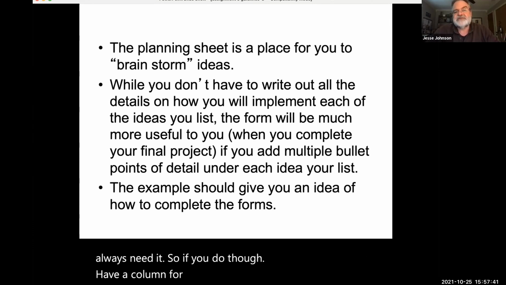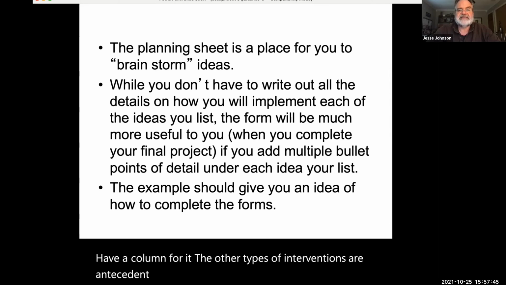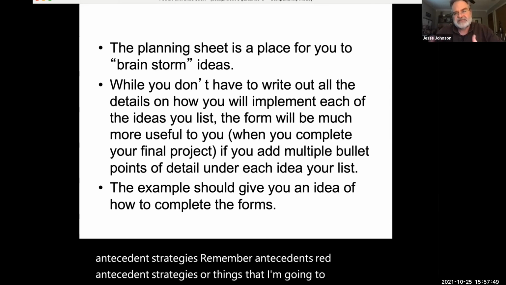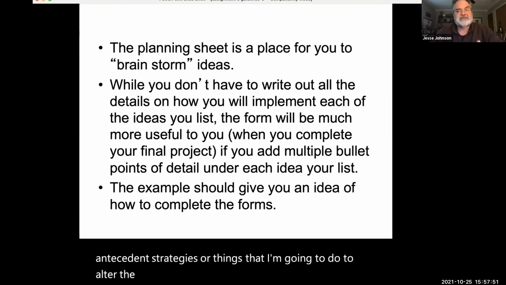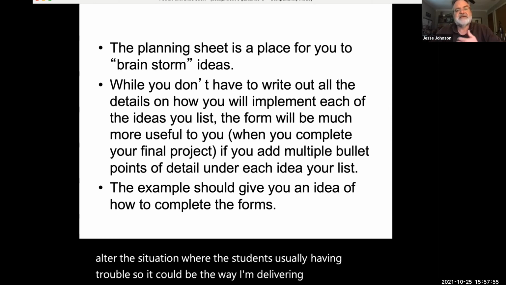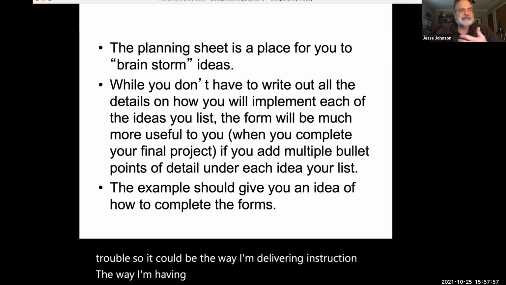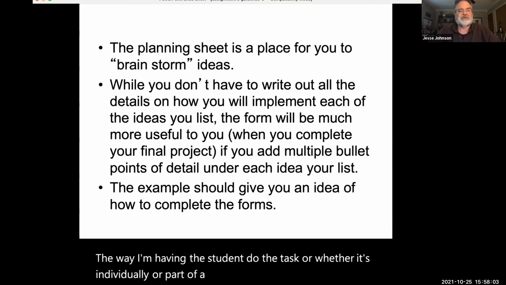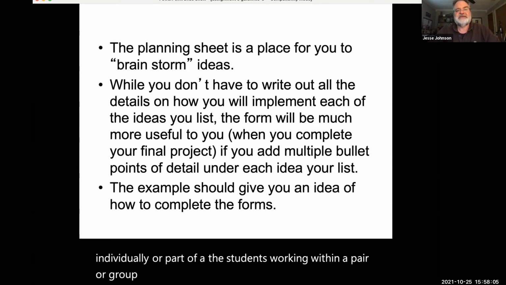The other types of interventions are antecedent strategies. Remember, antecedent strategies are things that I'm going to do to alter the situation where the student's usually having trouble. So it could be the way I'm delivering instruction, the way I'm having the student do the task, whether it's individually or part of a pair or a group, or it could be the schedule.